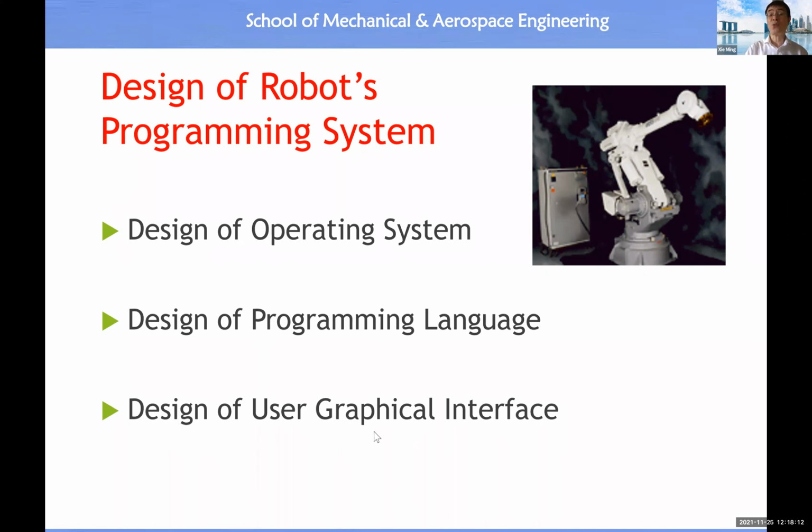Then your focus should be on the design of the GUI, and this one is dictated by the intended mode or way of achieving human-robot interaction, whether at the signal level or at the cognitive level, etc. So that depends on the specific application. All right, so these are the key considerations.